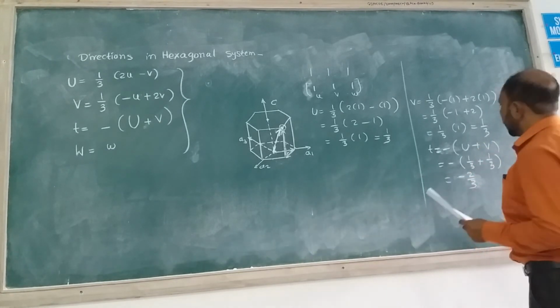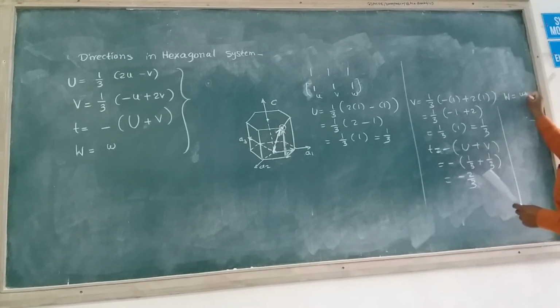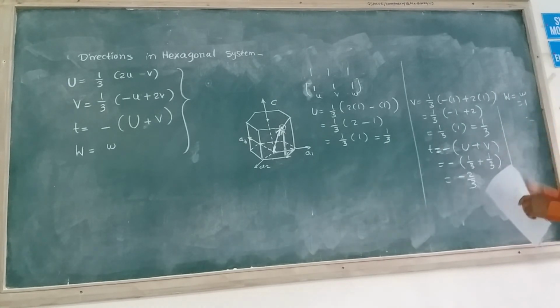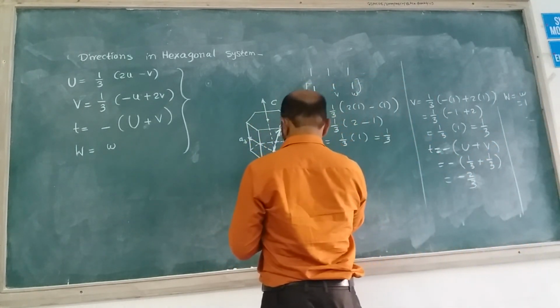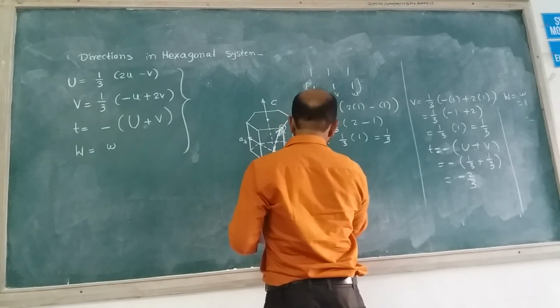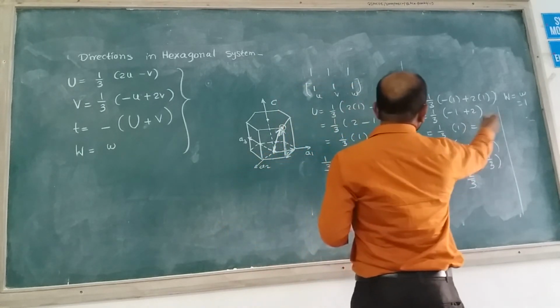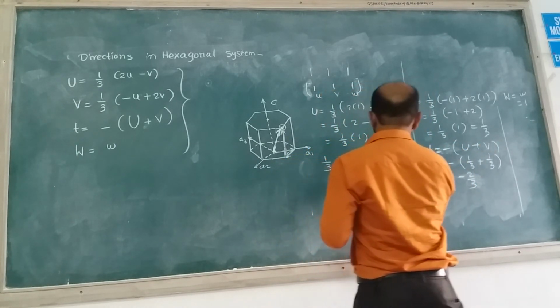This is the value for T. And finally W value becomes W is equal to W, that is equal to 1. So in this way our values become, not in square bracket, the intercepts: 1 upon 3, 1 upon 3, minus 2 upon 3, and 1.